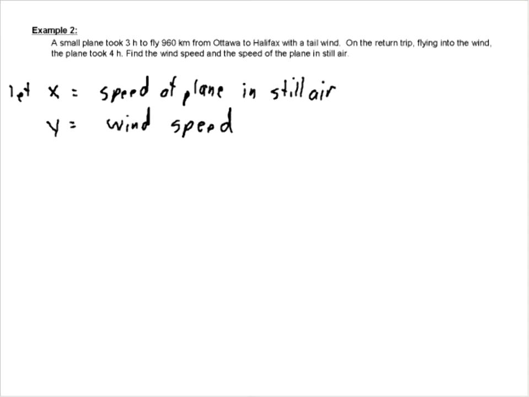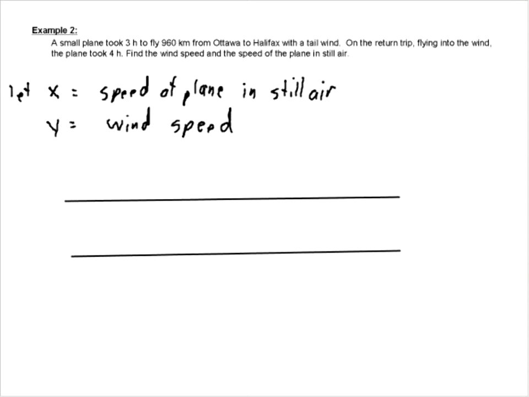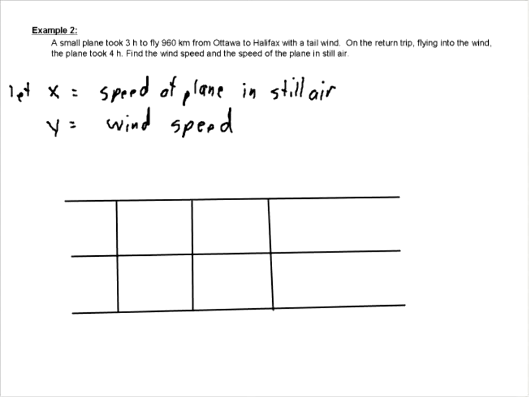Now, when we're doing a problem like this, with distance and speed and time, the easiest way to solve a problem like this is to draw ourselves a little chart. So what we're going to do is organize our data in a chart. Let's draw a chart with 3 columns: there's one column, a second column, and a third column.